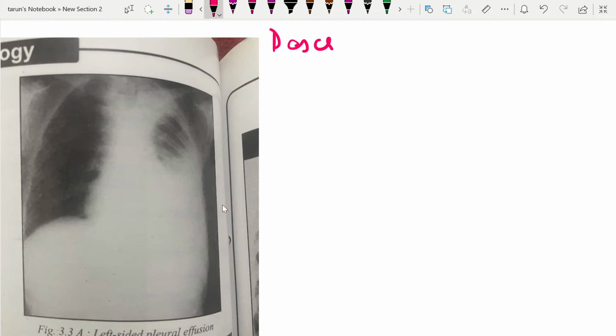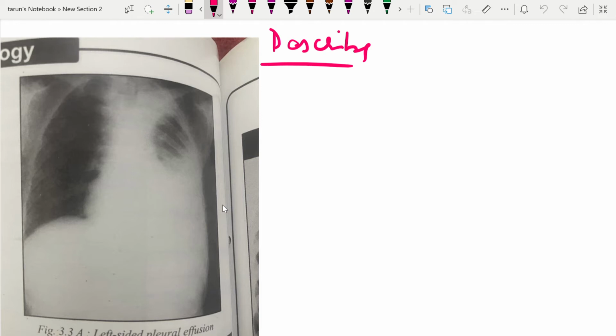You will say this is a PA view of the chest showing a triangular homogeneous dense opacity on the left chest, with a curved upper border which is concave medially and upwards and extends towards the axilla. The left costophrenic angle is obliterated while the right angle is clear.